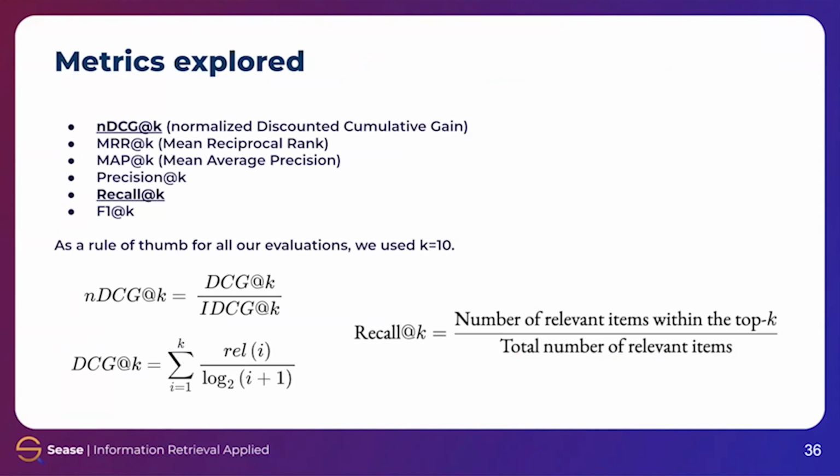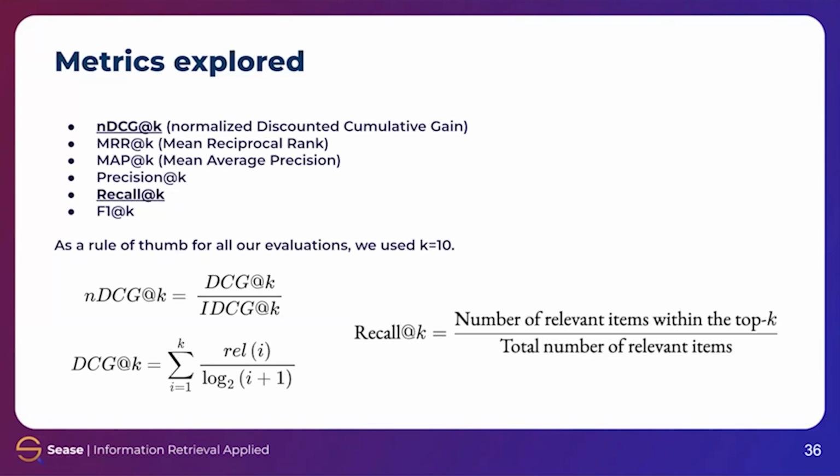We explored a lot of metrics, but the two main ones are recall at K, so the recall looking only at the first K documents retrieved by the system. But the problem with recall is that it doesn't take into account the position of the relevant document. If it's retrieved in first position or third position, it's exactly the same contribution to the metric.